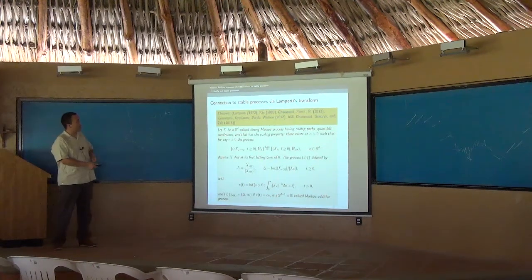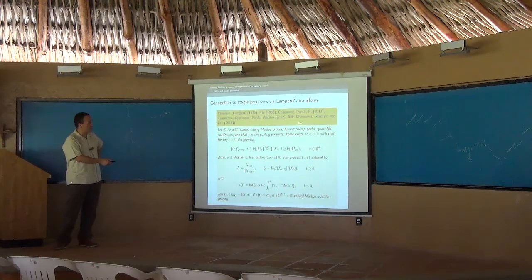And recently, this result was generalized by Kyprianou, Chaumont, Graczyk, and Sack, and they proved that in a general space, so in R^d, this process J and psi is a Markov additive process.